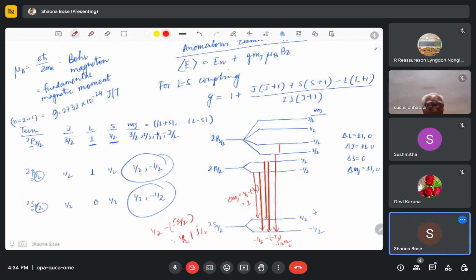So from the minus half line, I think again we'll have it going to both lines, and from the plus half line, again we have both of them.